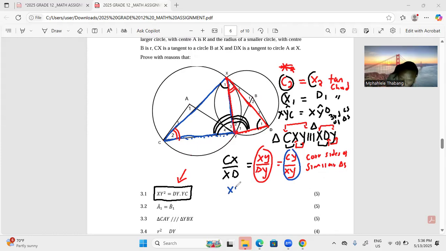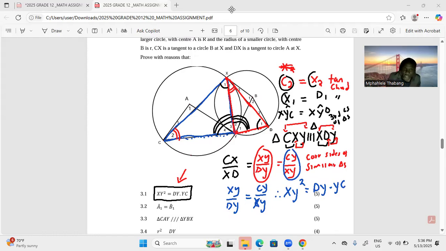I will just say XY over DY equals CY over XY. And then if you cross multiply, XY times XY, XY squared, is going to equal DY times YC, from cross multiplication.